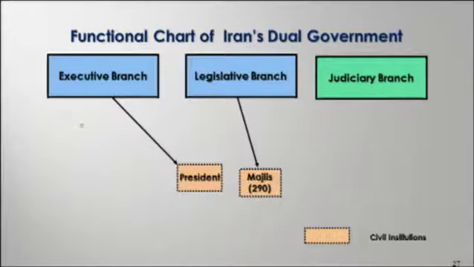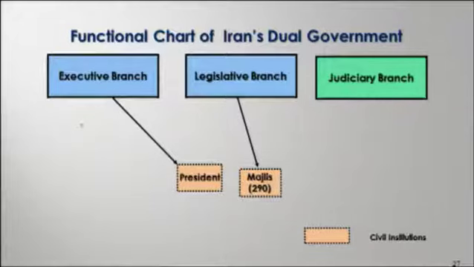The next institution is the parliament. In Persian it's called the Majlis. It has 290 members. The number was increased after the revolution. And the Majlis is, at least in theory, elected by popular vote every 4 years.